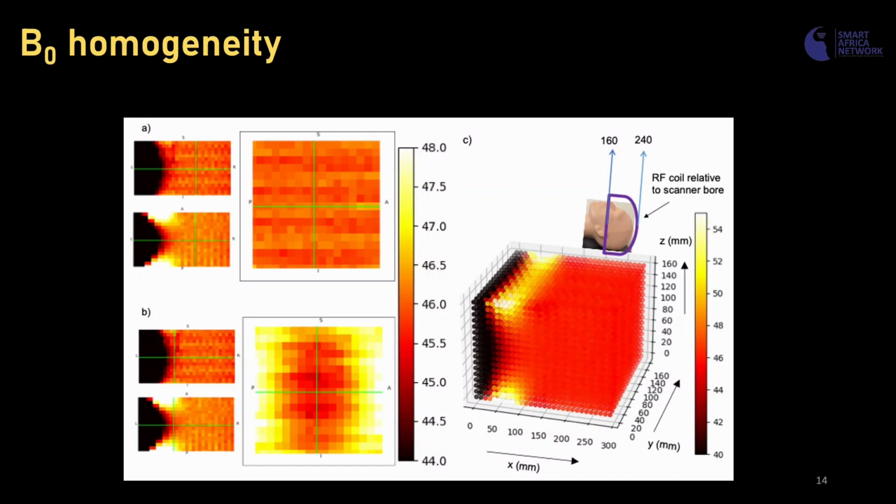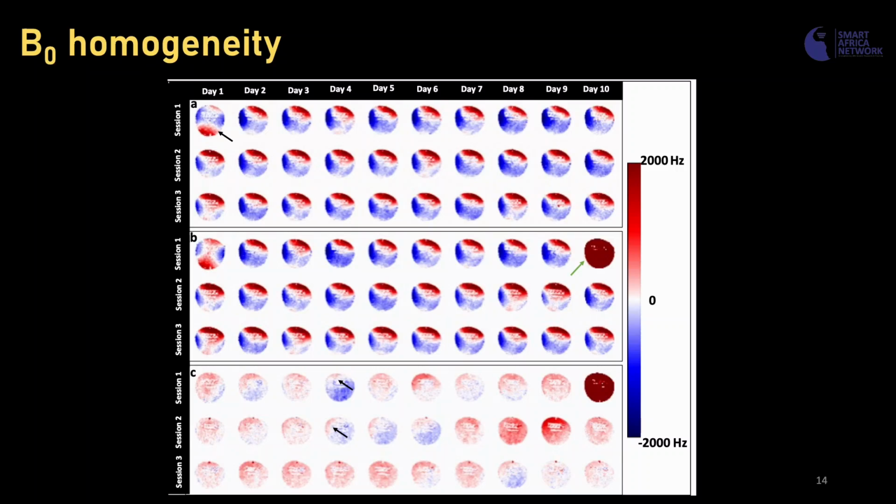Here's the spatial distribution of the B0 for the 47 millitesla scanner, characterized using a robot that Ivan in my lab built. And as you can see, at the point where we are going to image the human brain, it's quite homogeneous. Once you take a look at the B0 maps before and after the 3D TSE imaging acquisition, you can see from the bottom row that more often than not, there's a global shift.